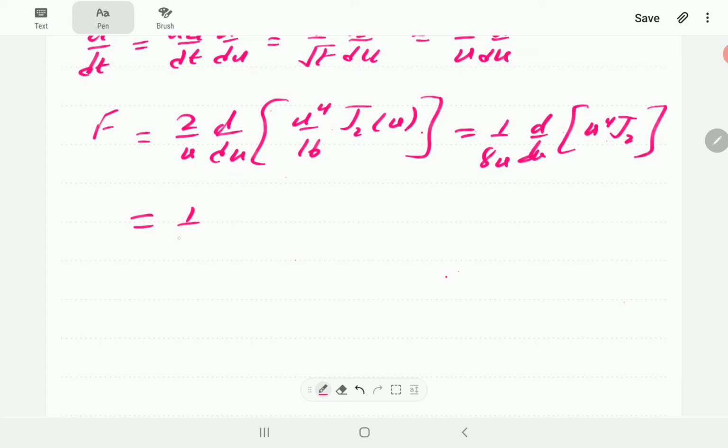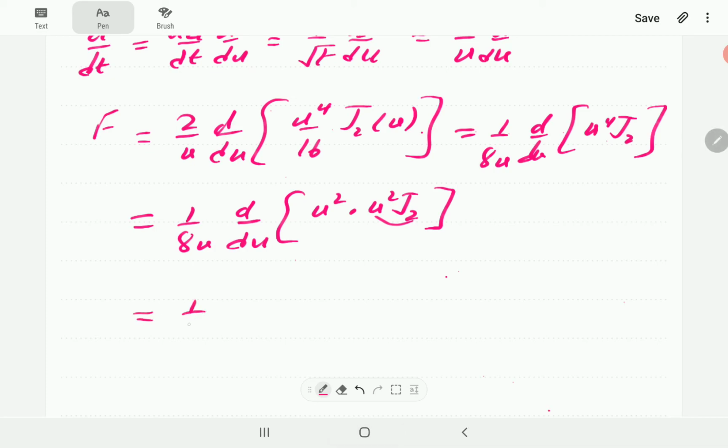So what we're going to do in a similar manner to what we did in our first example, we're going to write this as u squared times u squared J2. Then this we can differentiate readily using number 1 at the top.